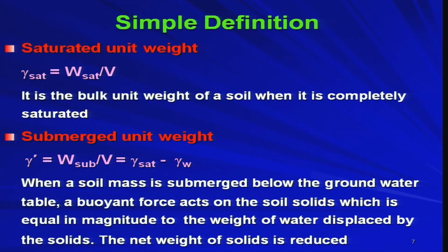So, there is no issue for that. The net weight of solids is reduced. If you consider the bulk unit weight even below the groundwater table, then your design is wrong. So, you need to consider the submerged unit weight, which will give you the actual picture below the groundwater table.